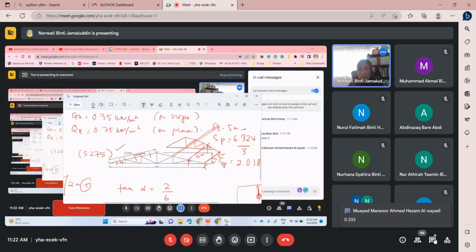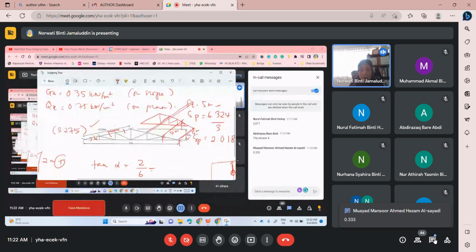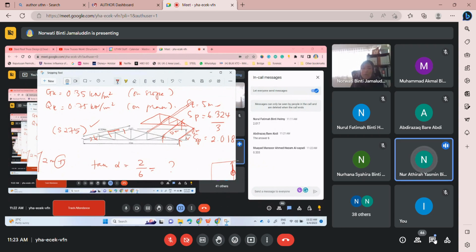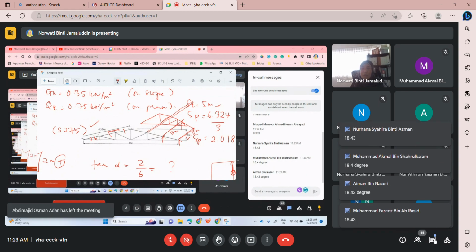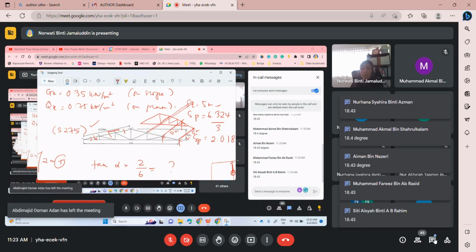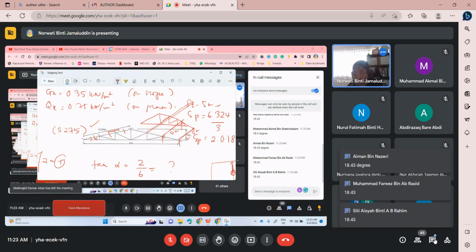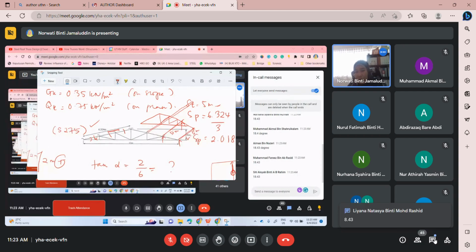Logically, it's not 6. You can see directly what the answer is here. 0.33? What's tangent? 18.43. How come you get 0.33? How can you get 6?